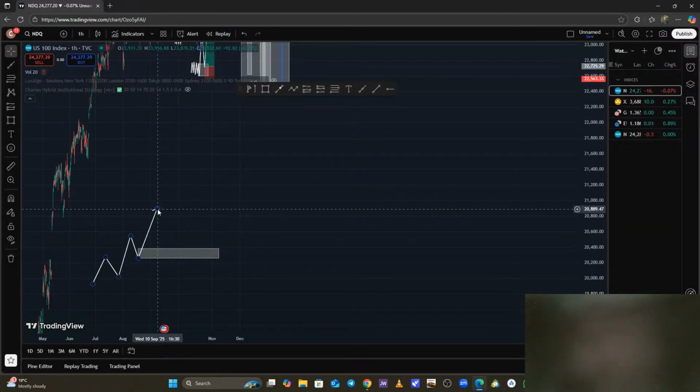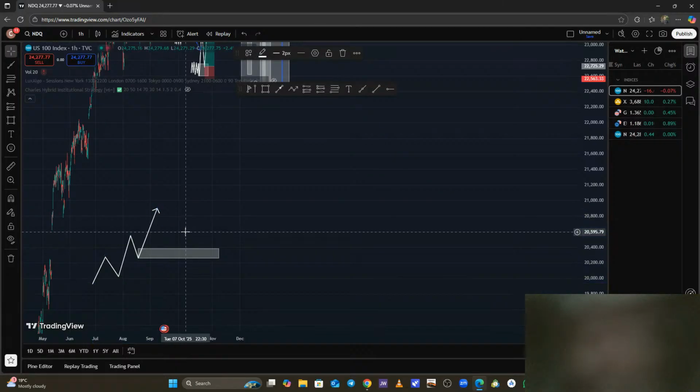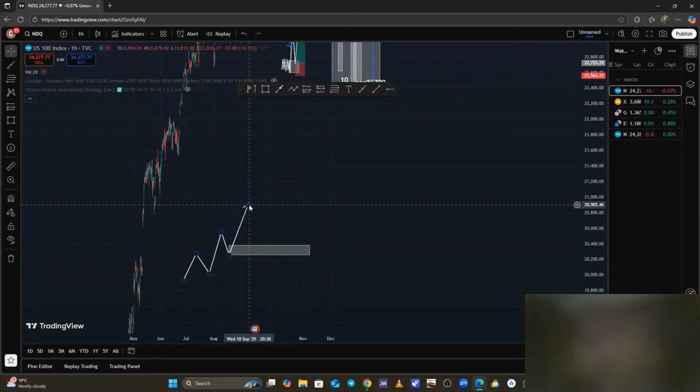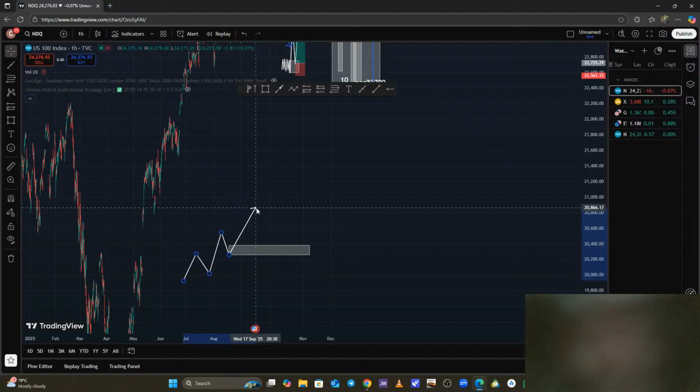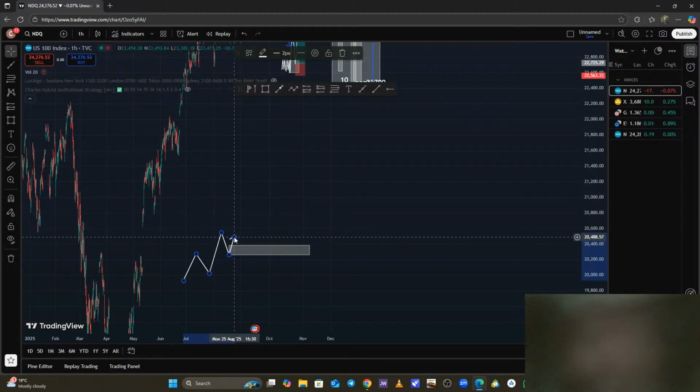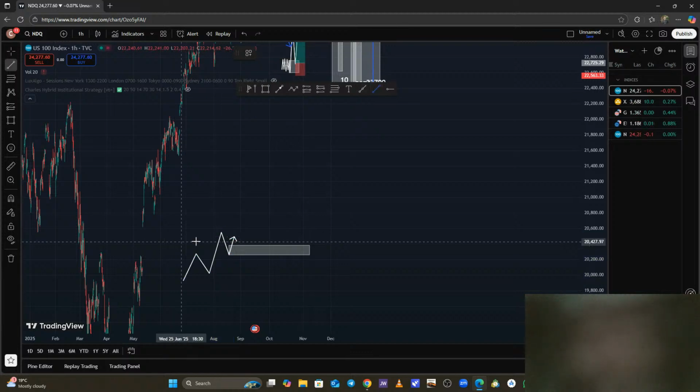Now, there are a few things I wanted to tell you. What you're seeing right now, the drawing, is the correct way of marking this supply and demand zone. But if this sharp move did not break the previous high, you can see the previous high here was not broken. If price did not break that high, that invalidates that demand zone.